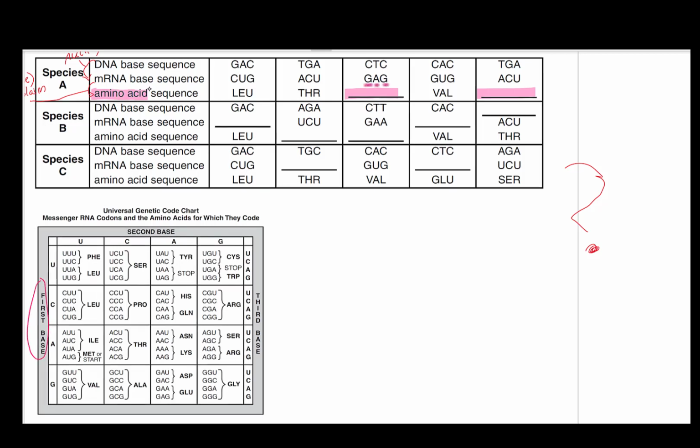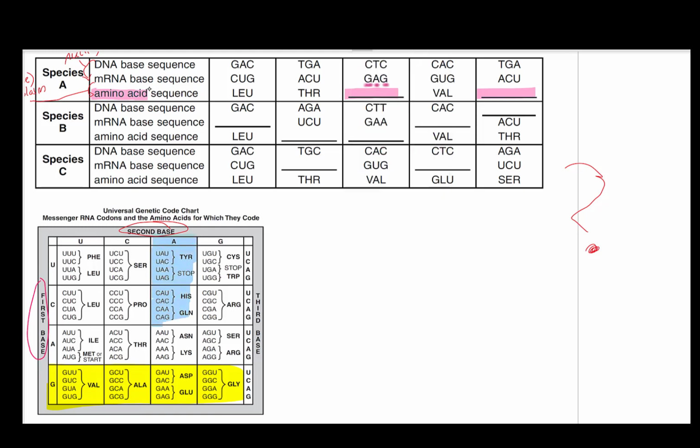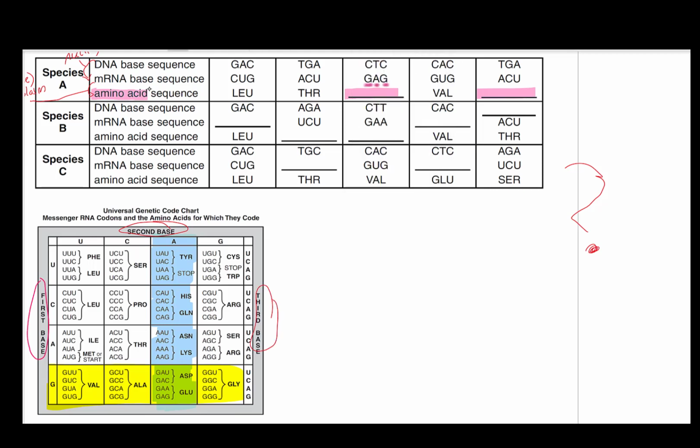These first 2 amino acids are missing. We're going to use the mRNA GAG to see what the first amino acid is. So G, second letter is A, third letter is G. So we could pinpoint where that is on here, and we found that GLU is the first amino acid.